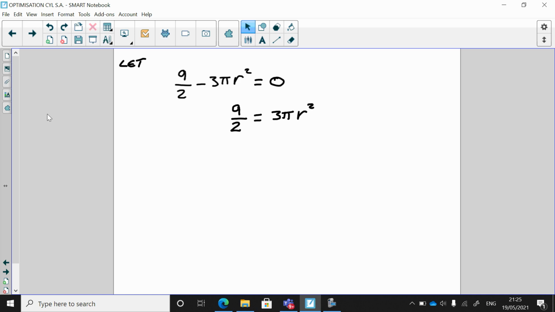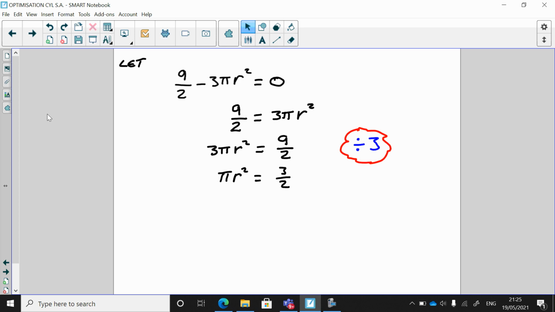So we're just going to try and isolate it. I took the 3 pi r squared over there because it was negative. Let's switch it about. Let's get rid of the 3 and divide both sides by 3 to leave us pi r squared. Okay, gives you that. Right, and let's get rid of pi and get r squared on its own.